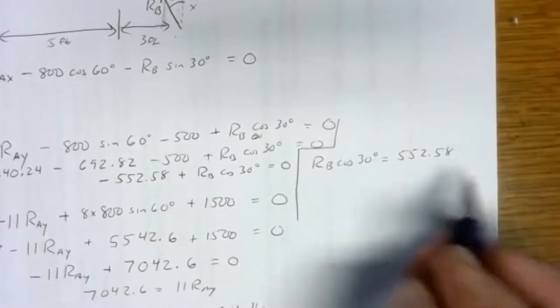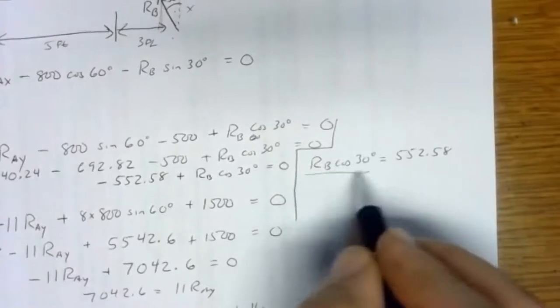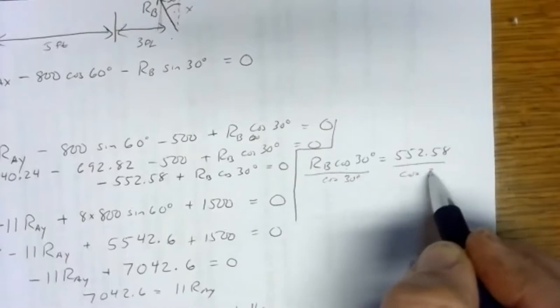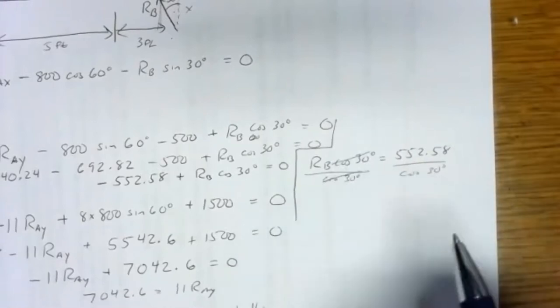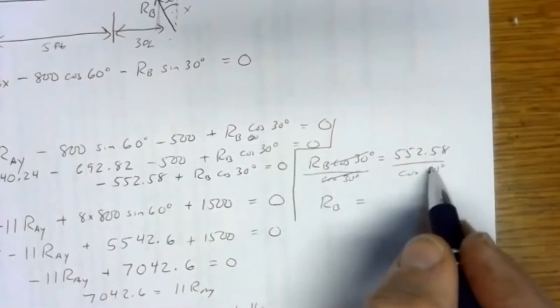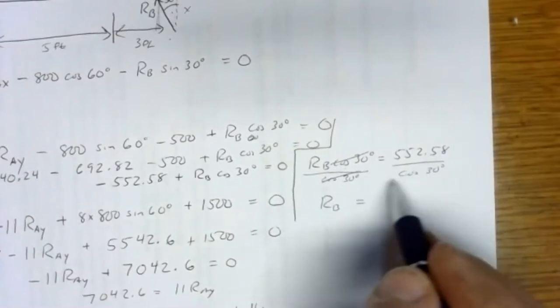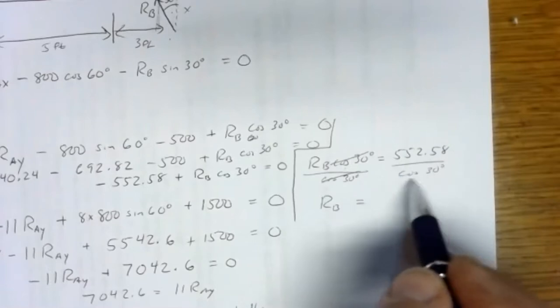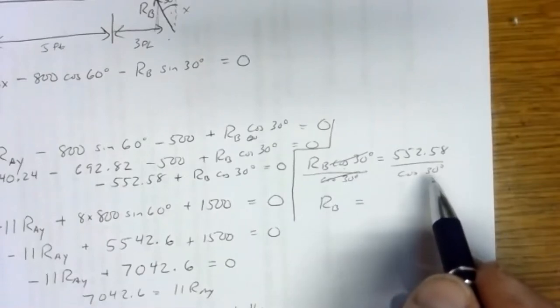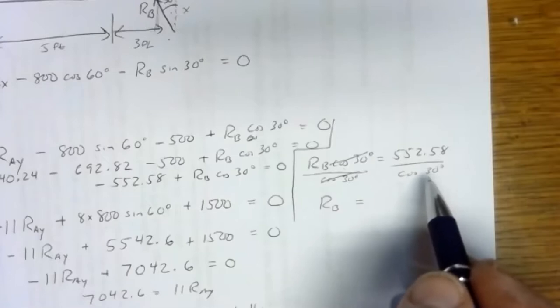To get my final answer, I would have to divide this out. So I'd divide both sides by whatever the value of cosine of 30 is. That would cancel out the cosine 30s, and I'd just have RB. Now I can go to my calculator, and I don't run the risk of punching in numbers wrong or fat fingering things when I key in the value of cosine 30. I just let the calculator do it. So I can do 552.58 and divide it by the cosine of 30.